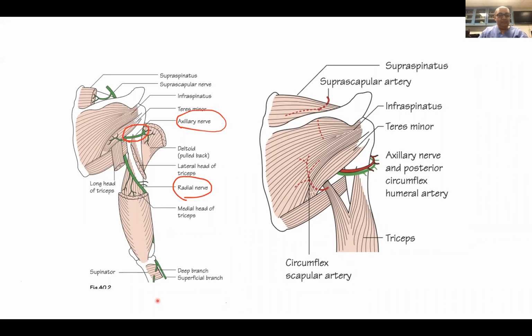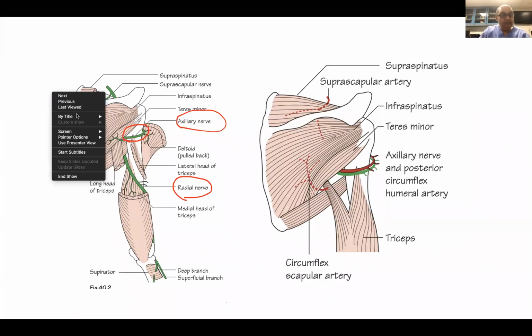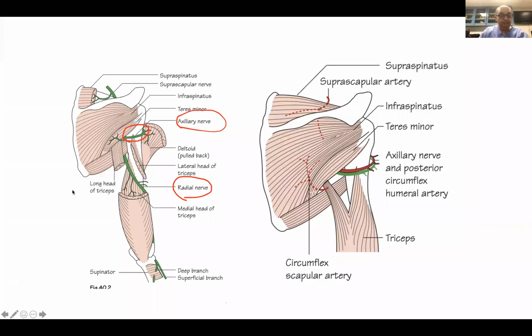Are we good? Can we proceed, guys? Let me get an arrow. So why is it radial, not axillary? Because axillary is very deep.